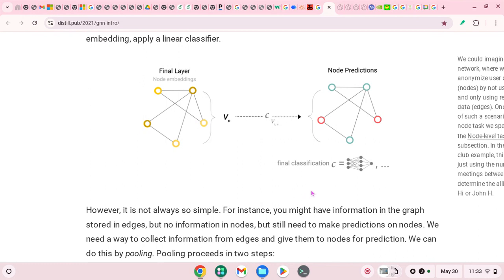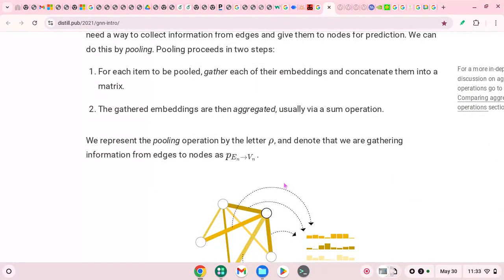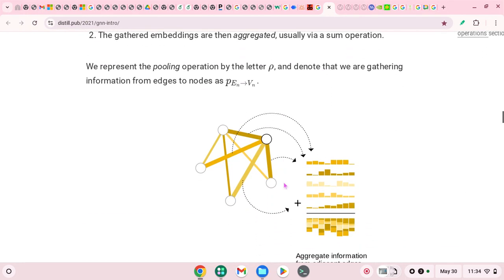How about a scenario where all the information is contained at the edge level, and we need some kind of prediction at the node level? Also, there can be an instance where the neighboring node information is required in order to predict the node level classifications or regressions.